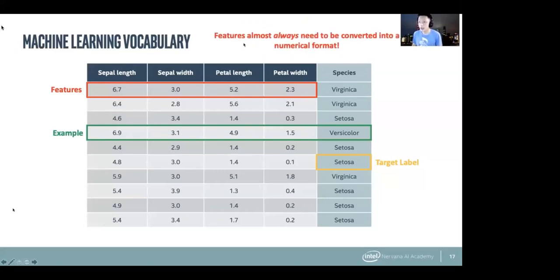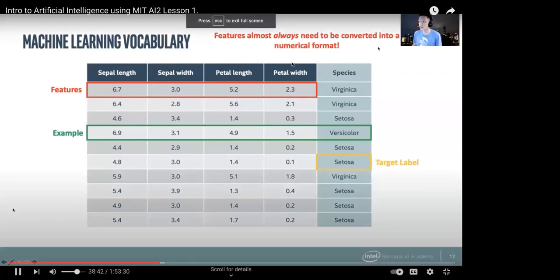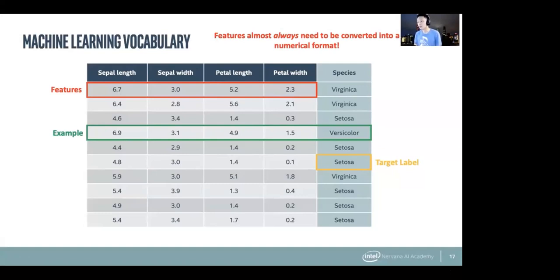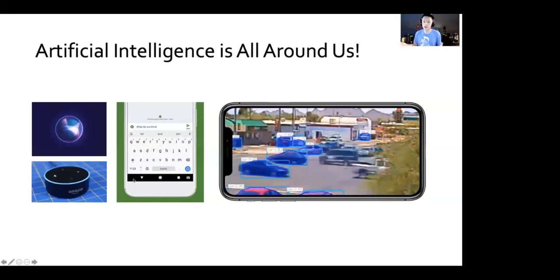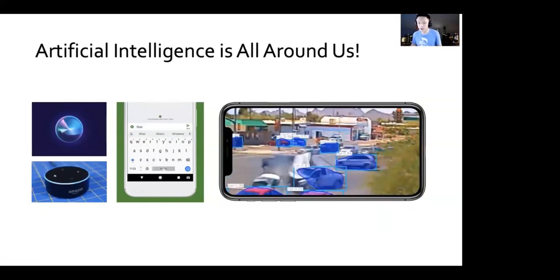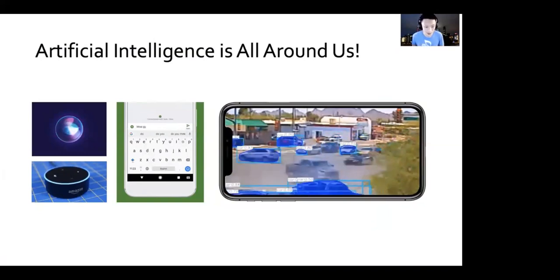One thing to note is that your features will almost always need to be converted into a numerical format because of the nature of these models. These models are working on continuous inputs. Even in the case, as we'll see, of very non-numerical things like words, if we wanted to do what we said at the very beginning, which is to predict the next word that you're going to type on this keyboard, like autocomplete, we need to convert words into a numerical representation, which is going to be quite interesting, and we'll talk about that later.